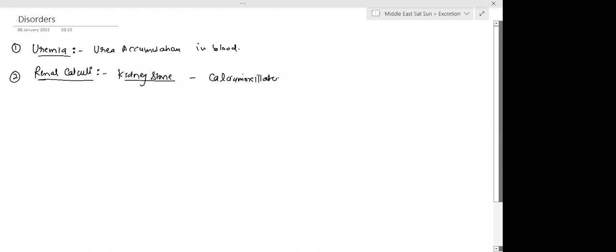The stones give rise to severe pain starting in the back and radiating down to the front.